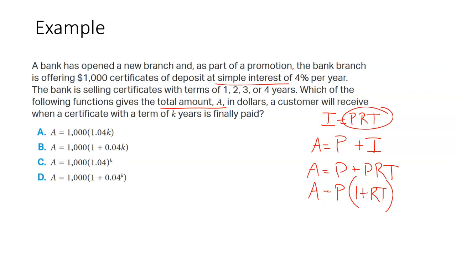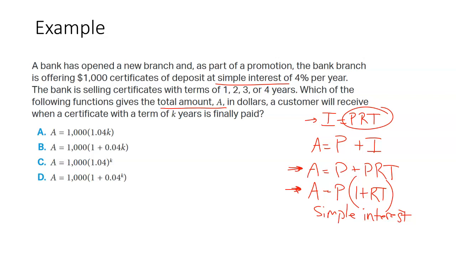So P times 1 plus RT. So that's my formula for simple interest. Well, this is kind of all the getting to it, but both of these are the formula for simple interest. This is for finding simple interest. This gives you the amount in the account. Two forms of the same equation.